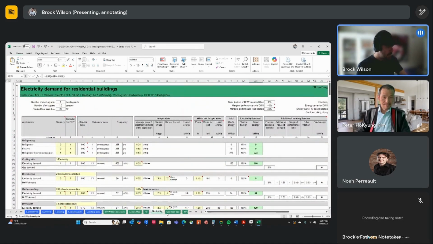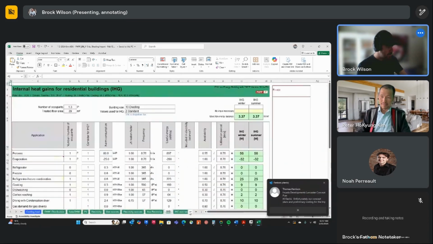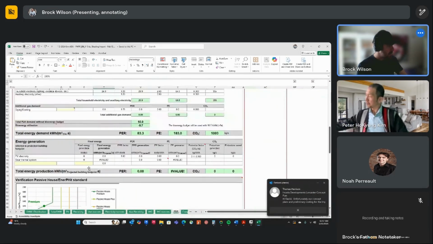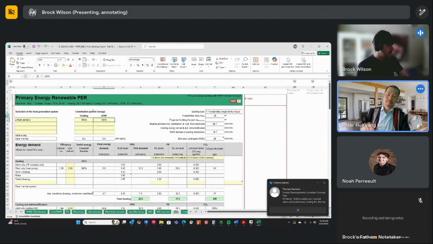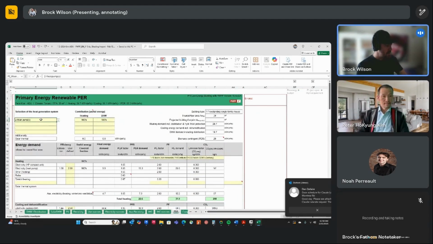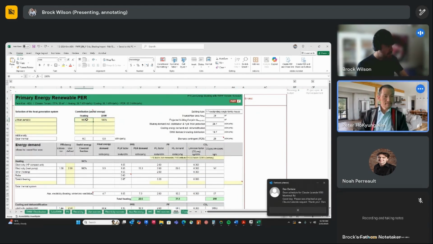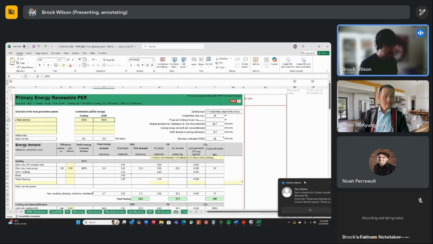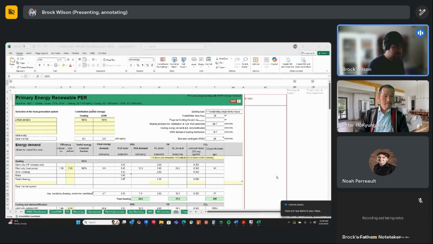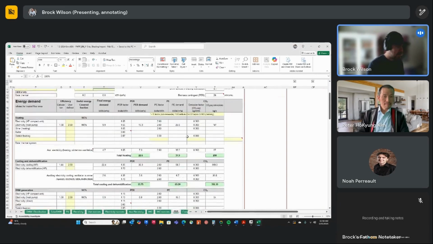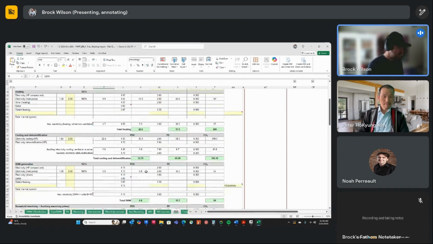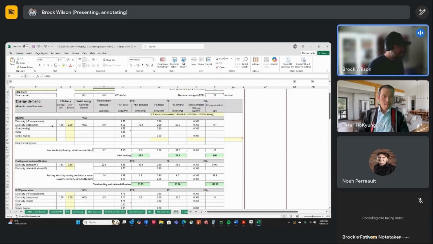Bear with me for a second. I just want to see what we've utilized in terms of our ERV. Okay, so we do have the drain water heat recovery as a heat pump. That's good. So both our heating and domestic hot water are heat pump sourced, which is great and is going to reduce our overall power consumption.